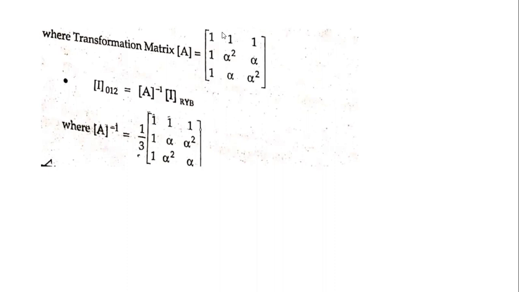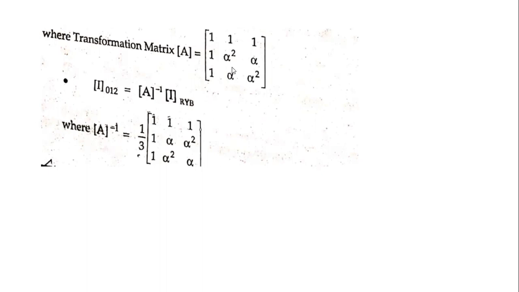This is the fixed matrix for the transformation. Therefore, I 0, 1, 2 is equal to A inverse of I R Y B, that is the R phase, Y phase and B phase currents. 0 means the zero sequence, 1 is the positive sequence, and 2 is the negative sequence.